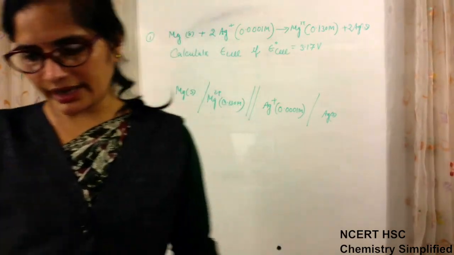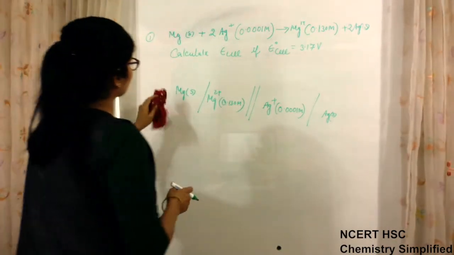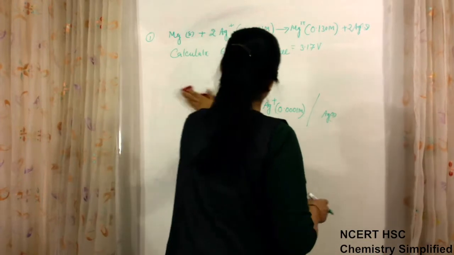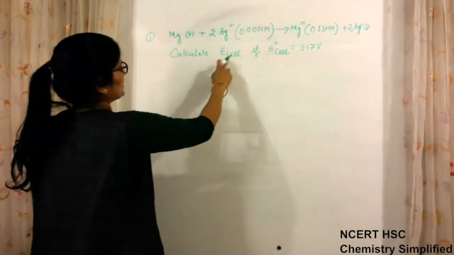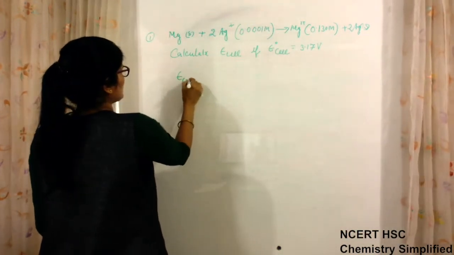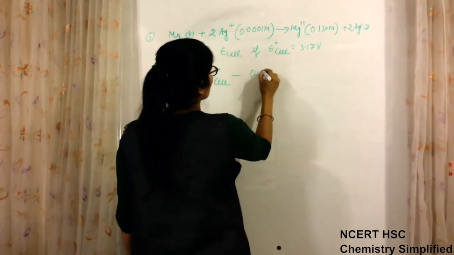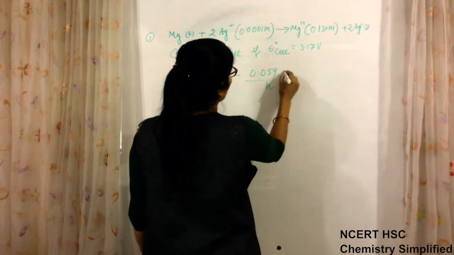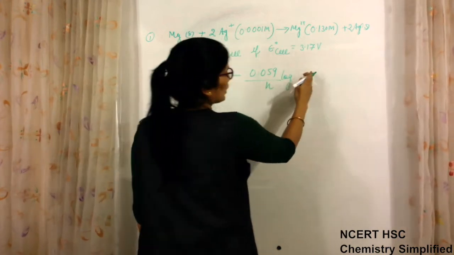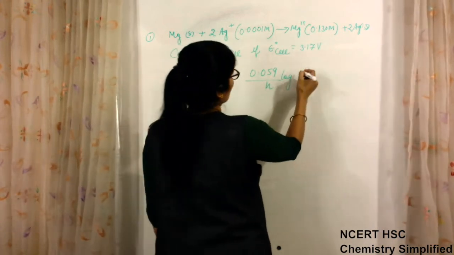Now we come to the calculation part. To calculate E cell, we require the Nernst equation. E cell is equal to E standard cell minus 0.059 upon n log of oxidized ion upon reduced ion.